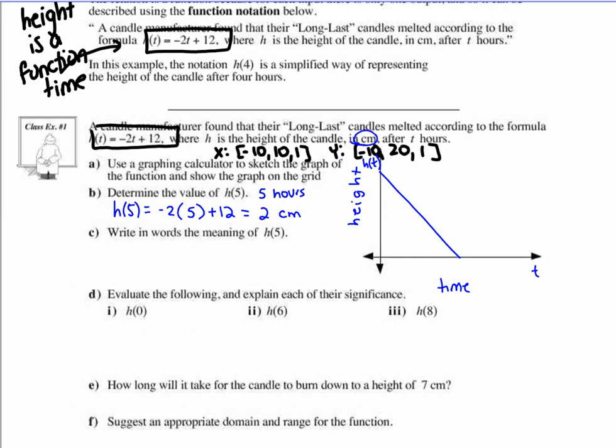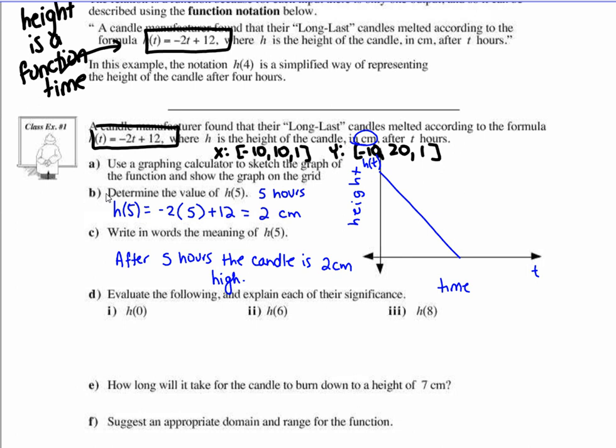So after 5 hours, the candle has a height of 2 centimeters.